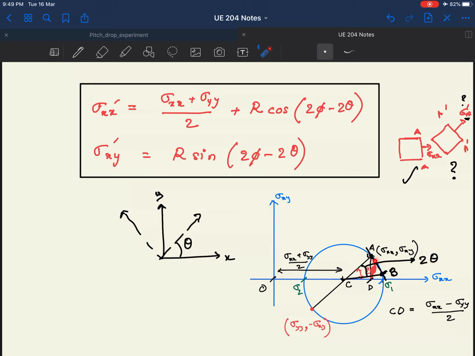The various stresses or the conditions of stress at different points of the circle are basically representative of the various stress values as you rotate through the angle here, right? So in this particular case, when you rotate by an angle phi in the counterclockwise direction, it results basically in a situation where you have to rotate this line segment in a clockwise direction, right?